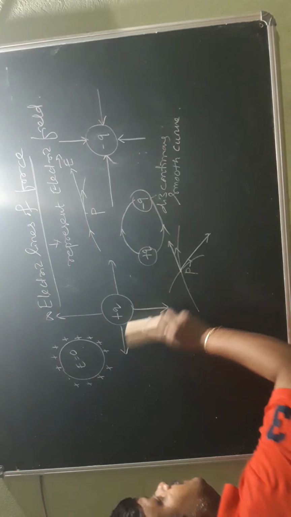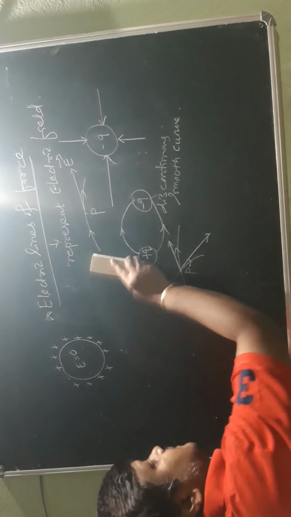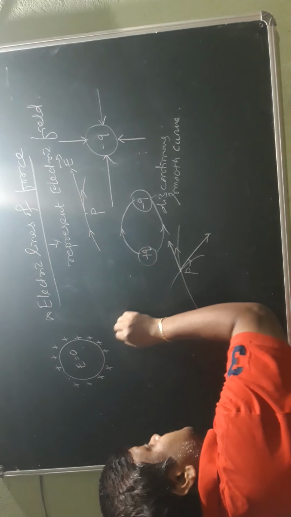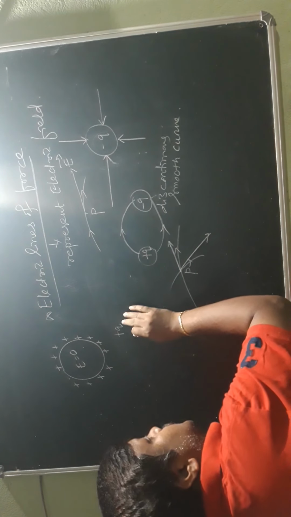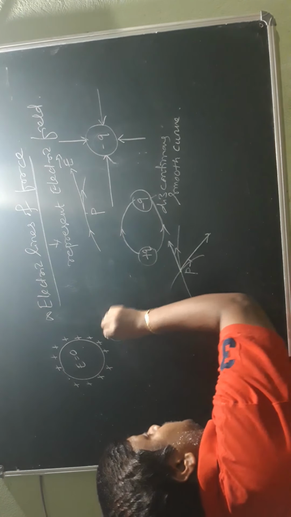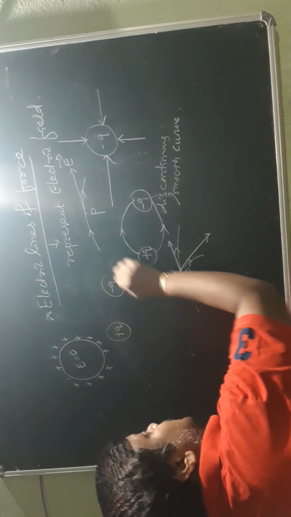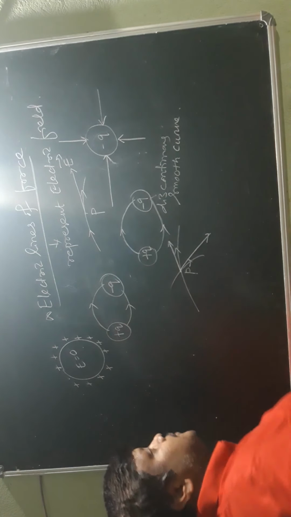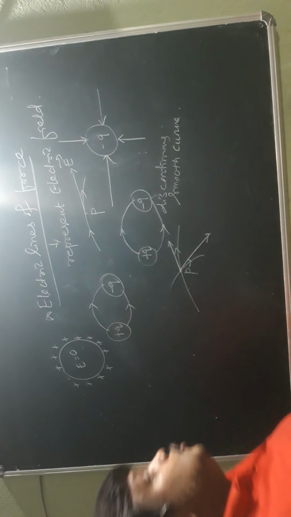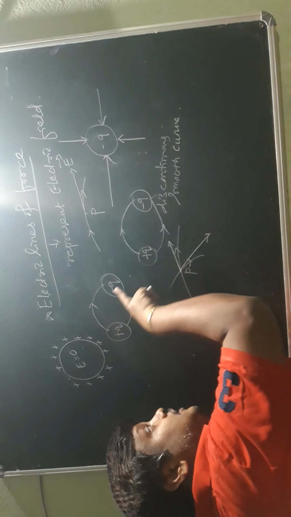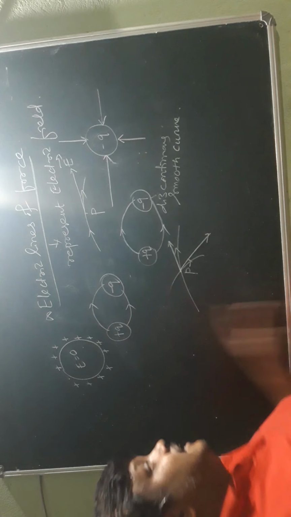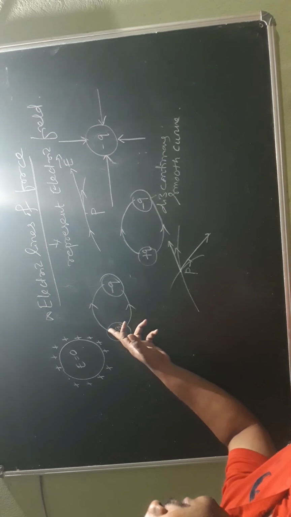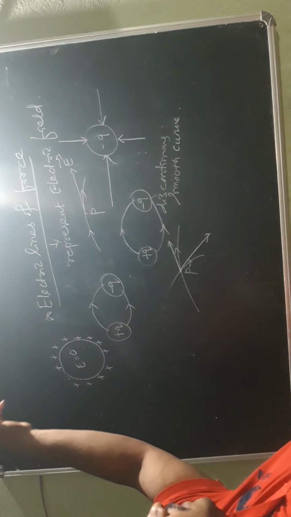Now another property is this. Suppose a system has two opposite charges. Then what happens? You see, the lines start from the positive charge and end on the negative charge. If the negative charge were absent, they would tend to terminate at infinity.